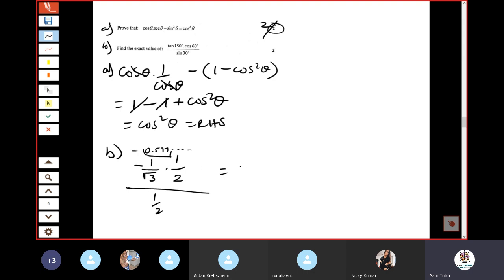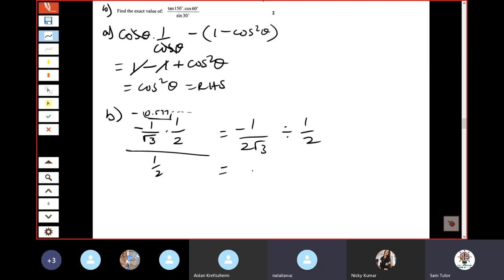That's in the numerator, so that becomes -1 on 2 root 3 divided by a half. Do you agree with that, what I've done there? So numerator divided by denominator. All right, what's your next line?